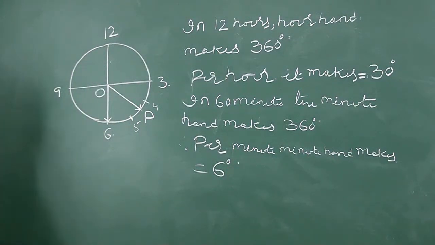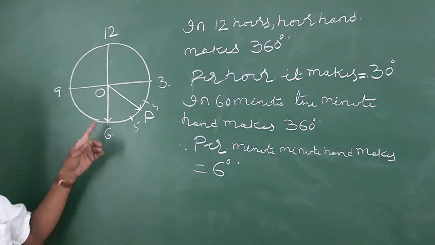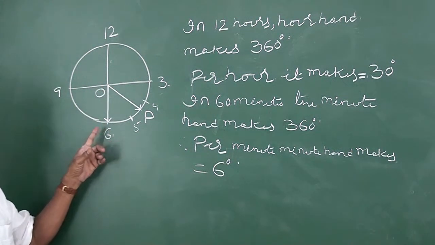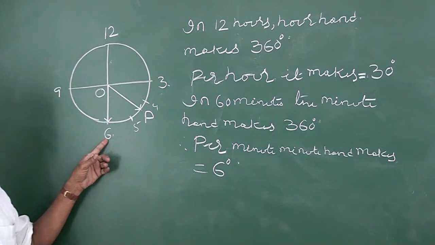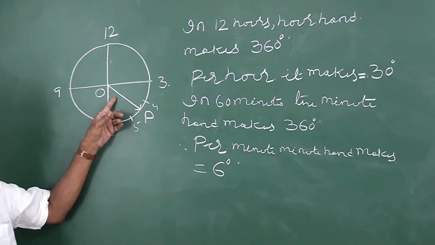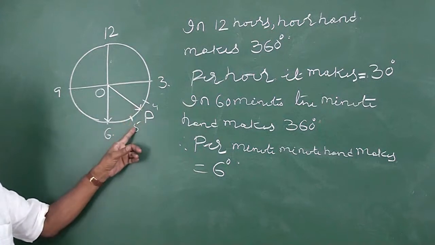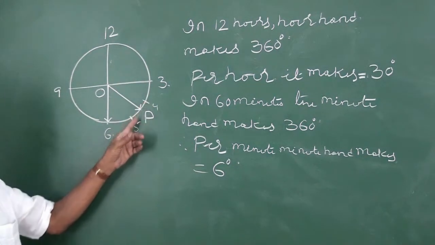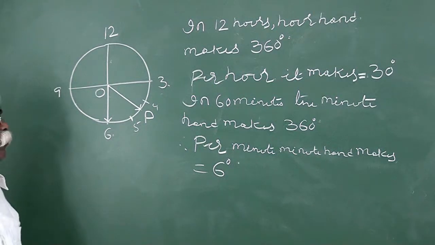Now, at 4:30, the minute hand will be at 6 and the hour hand will be in between 4 and 5. That means it will be 4 and 1/2, 9/2.